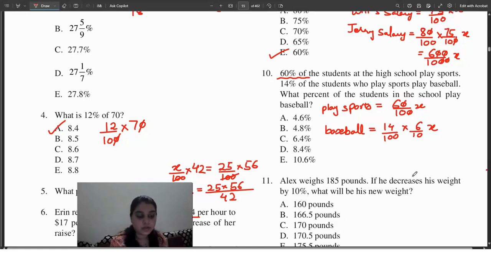So this is 14 into 6. That is 84 upon 1000 X, or we can write it as 8.4 upon 100 X. So basically 8.4 upon 100 means 8.4% of X. So 8.4% of the total students play basketball. That is the answer.